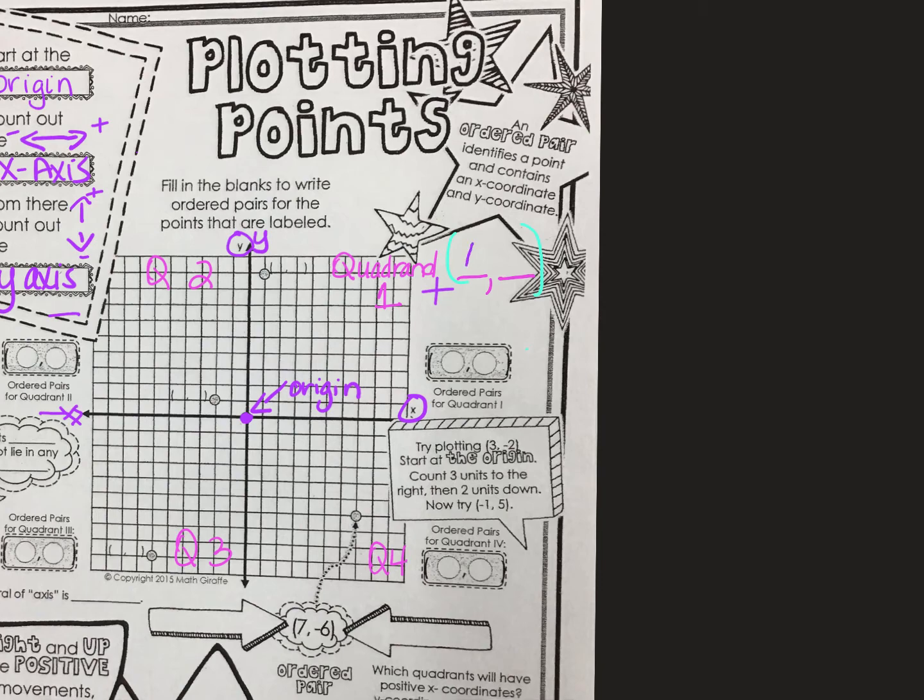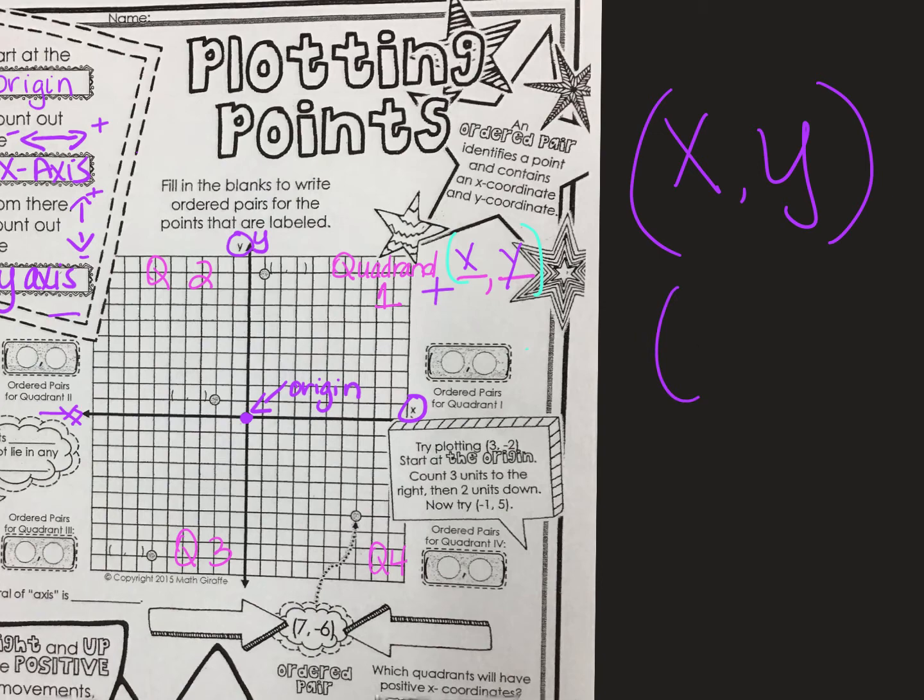The first one is always your X, and the second one is always your Y. You want to write that down, okay? X and Y. So you're going to be given two numbers, and they'll either be a positive or negative number, depending on where you're going to plot those. But you're always going to have an X and a Y, and they're always going to be like that.